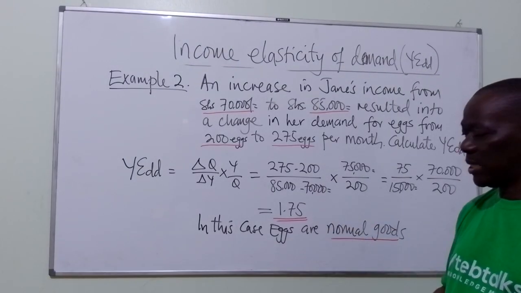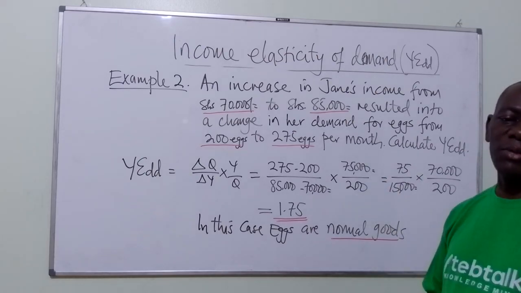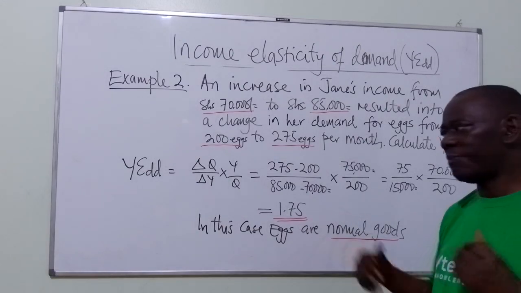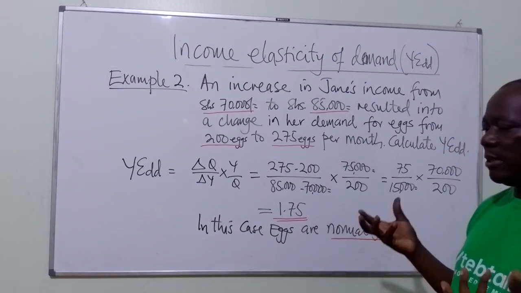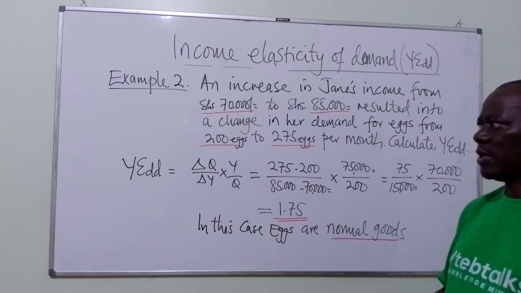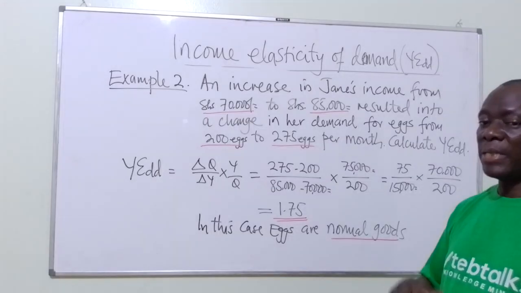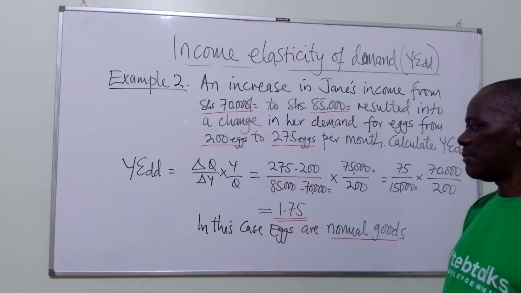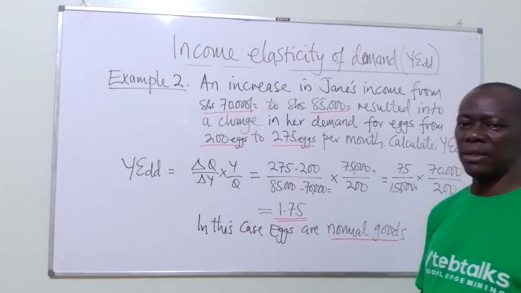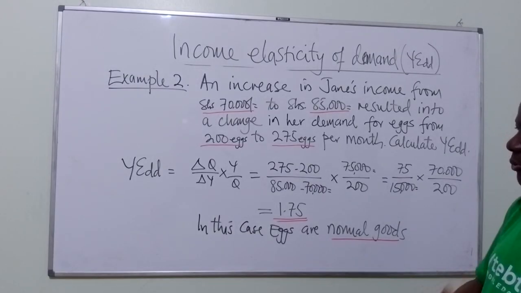We have not covered it here, but we shall cover it when we are looking at that topic of population and labor. We shall mention it and see how we calculate it. Yes, some teachers calculate it at this level, but it will be more conveniently understood when we are under the population and labor topic.